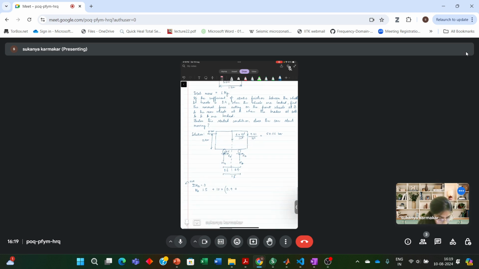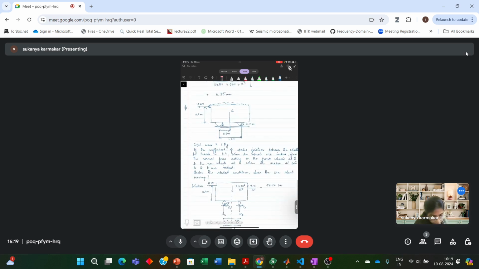Like as marked in the question, it is not the radius, it is basically the distance, and I've not drawn the wheels properly. Let me redraw them. Like this distance is 0.15.